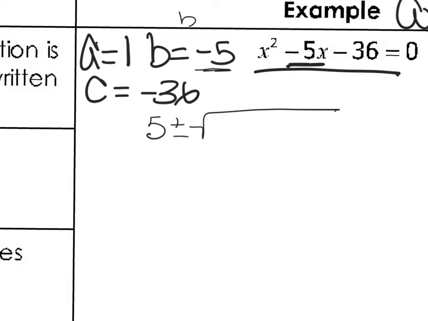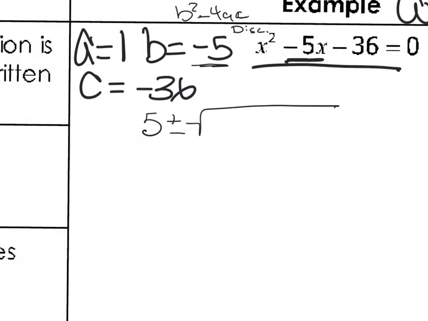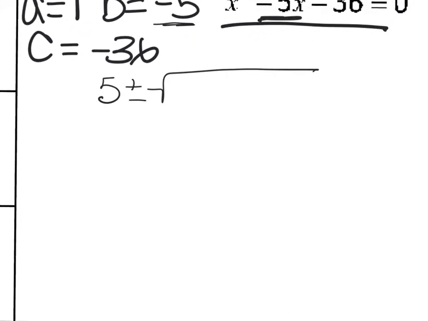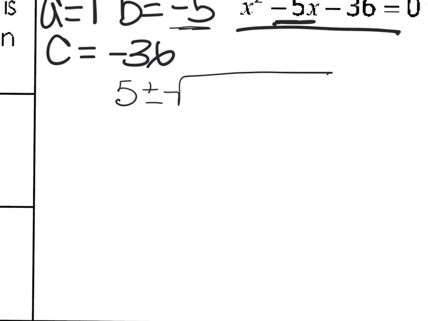Do you remember where we used that before? Right, that's the discriminant. Remember, the discriminant tells us how many solutions we have. So believe me, it will come in handy when you're working a quadratic formula, because doing the formula is not hard, it just can get long, okay?